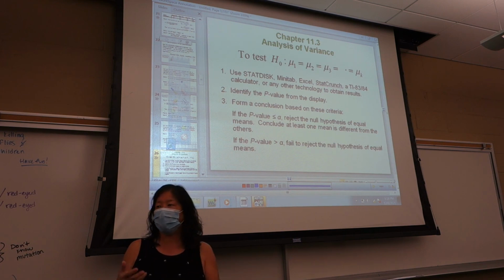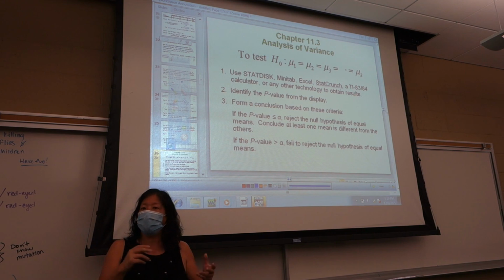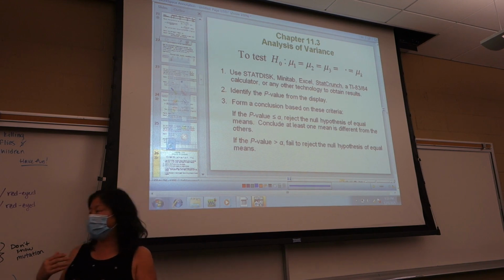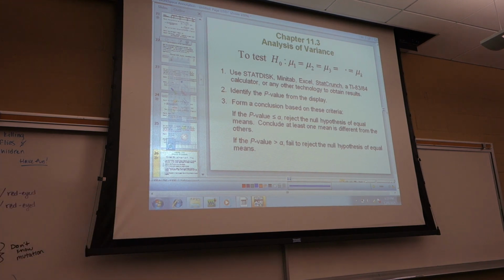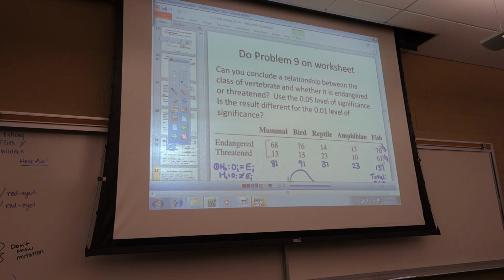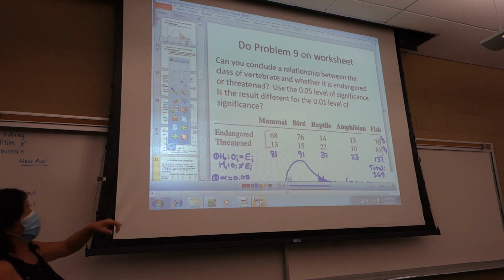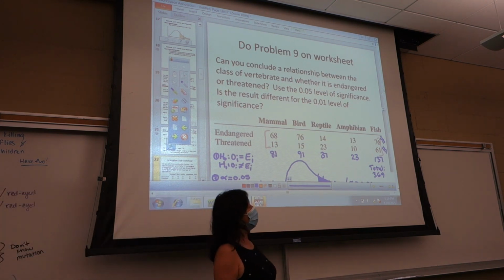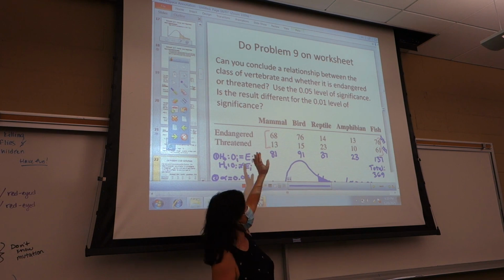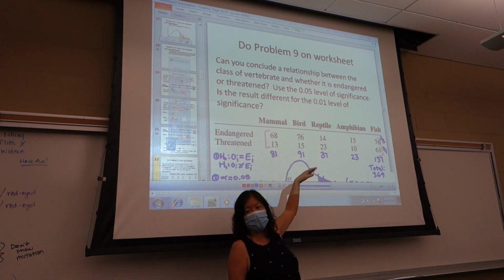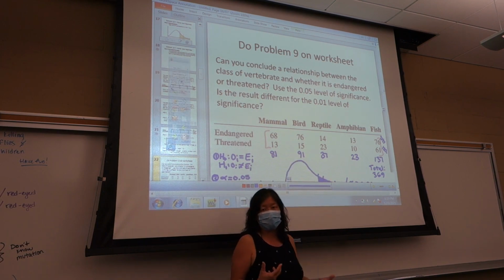So what you're finding out about people is what categories they're in. And what we did was we figured out how many were in each category. Right? So these are all categories. And so what do you know about each species? You know what type of vertebrae it is and whether or not it's endangered. You know categories about it.